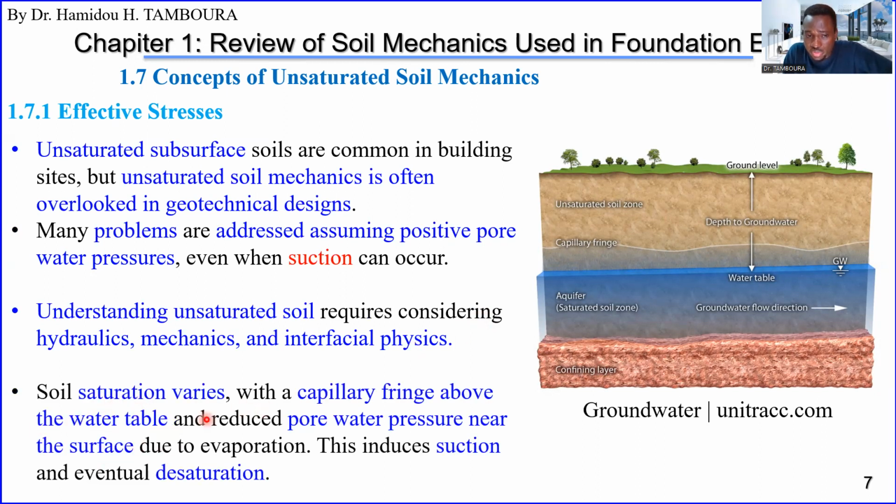Soil saturation varies with the capillarity fringe above the water table. Can you see here the capillarity fringe? This line is the capillarity fringe. This line is limiting the capillarity. The water table is at this level, but this zone is the capillarity fringe. So the saturation will depend on this line.